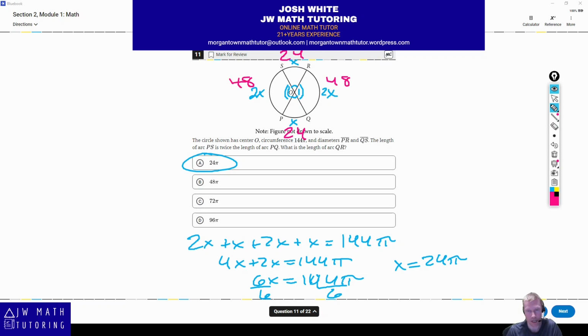This has to be 48. Add up all those numbers on the calculator. Does it equal 144? Now it turns out the answer is yes, so you have your correct answer and you move on. If it didn't, then you'd move on to the next answer choice and you'd plug them in and figure out what the arcs would be, and then add them all up and see if they equaled 144. But that's just an alternate method you could use to solve this problem.